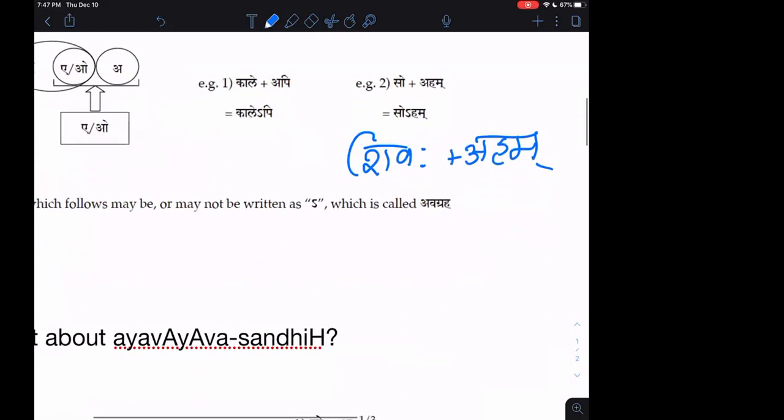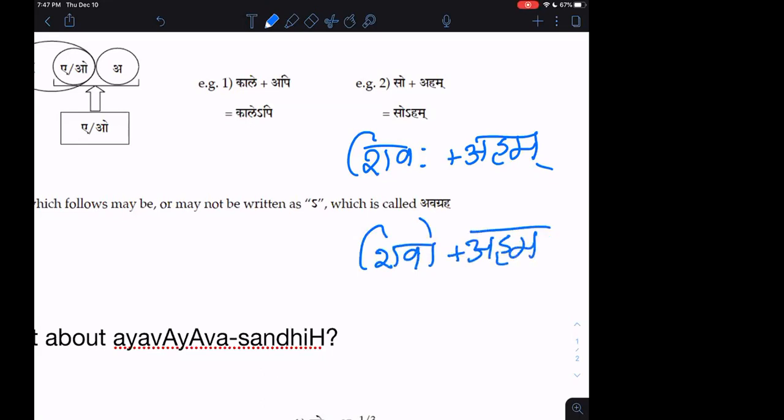The first thing that happens is actually visarga sandhi. So it becomes shivo plus aham. And then this purvarupa takes place and it becomes shivoham. And that's an avagraha in the middle. Sorry, my handwriting. It's a bit tough here.